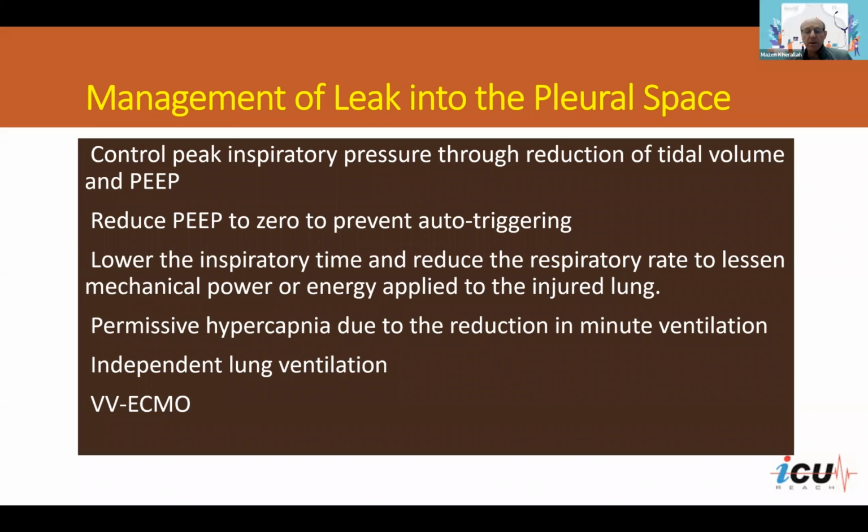I think the answer is no. I'm not sure if it has been studied or not, but with the high frequency ventilator, the principle of it is mean airway pressure, and that mean airway pressure is maintained at a higher level. So it would cause air leak constantly during the oscillations on the ventilator.